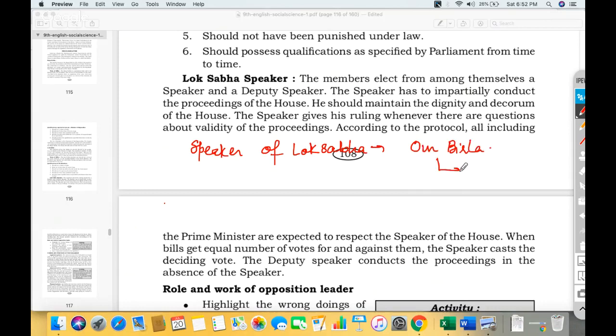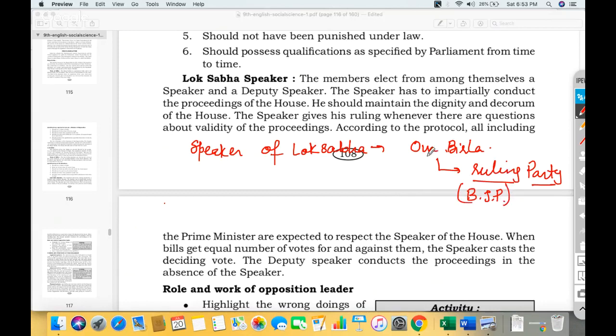Generally the speaker is from the ruling party. Ruling party means the party which has made government. Currently it is BJP.